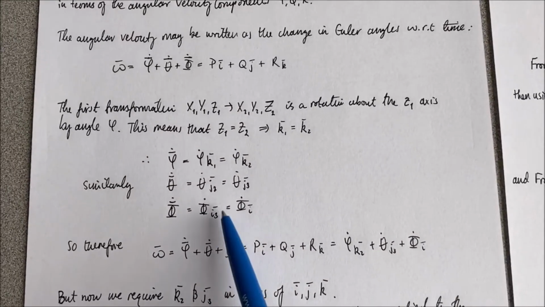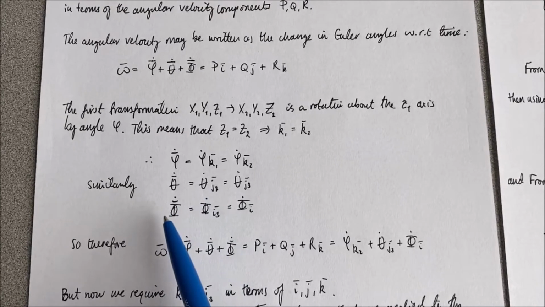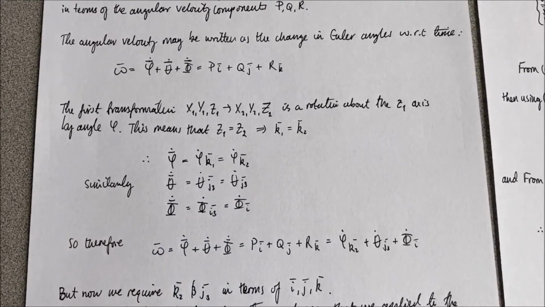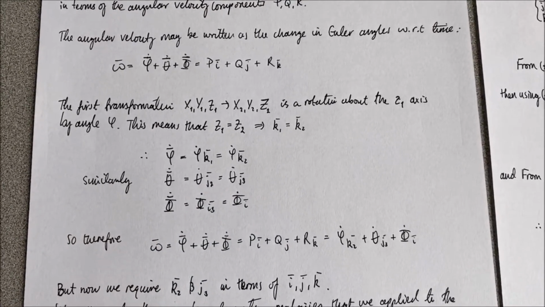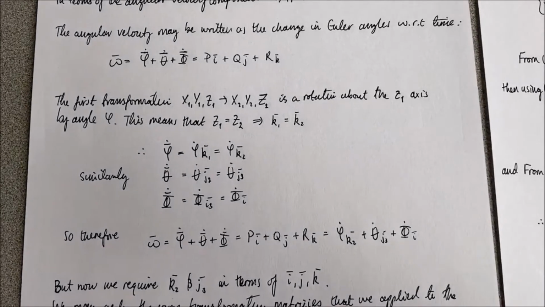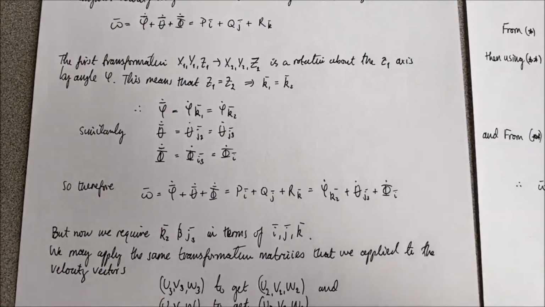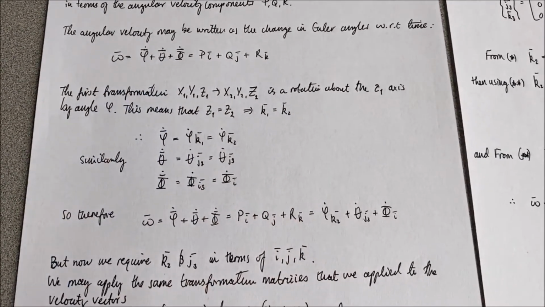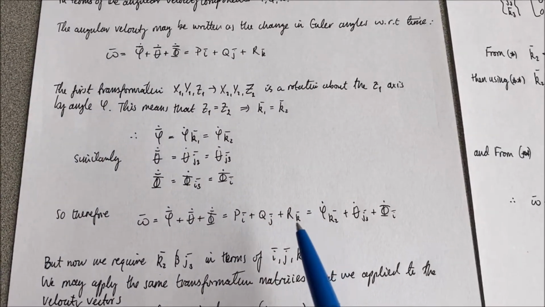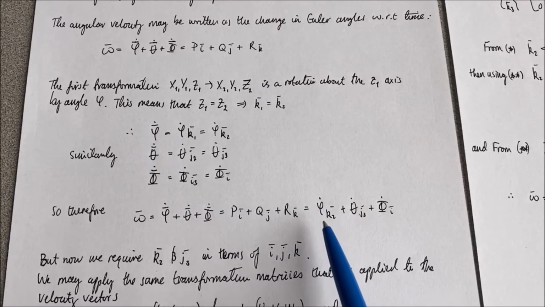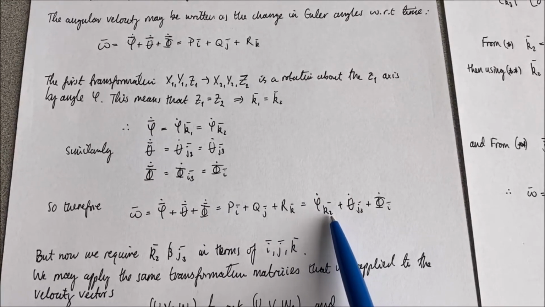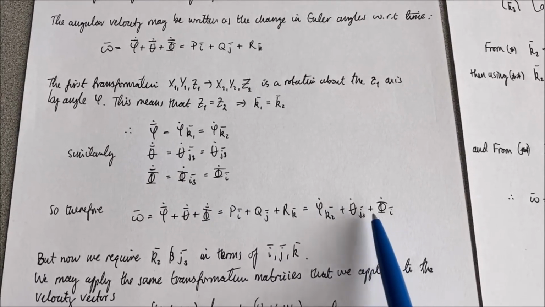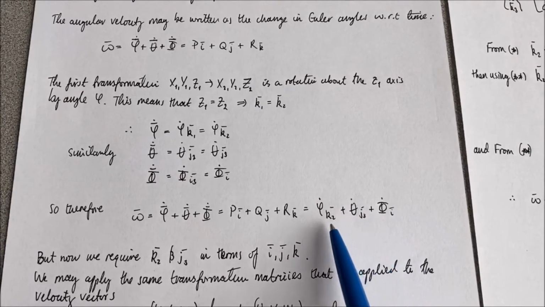And we can do that for each of the rotations, so about the y-axis and about the x-axis, so in pitch and in roll. So therefore we can rewrite our angular velocity vector in terms of changes in the Euler angles multiplied by these unit vectors in these intermediate coordinate systems.